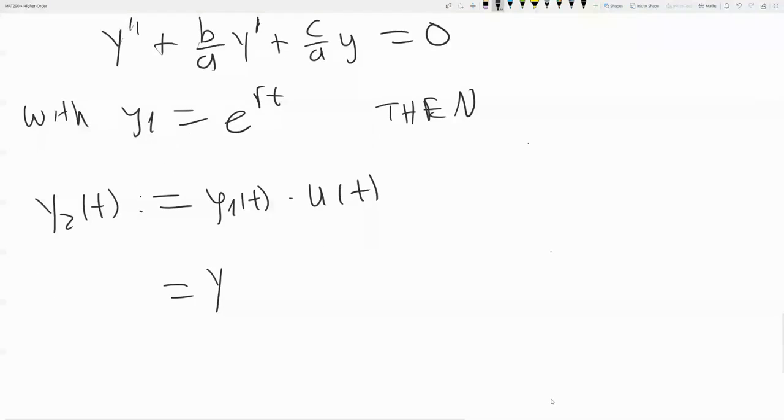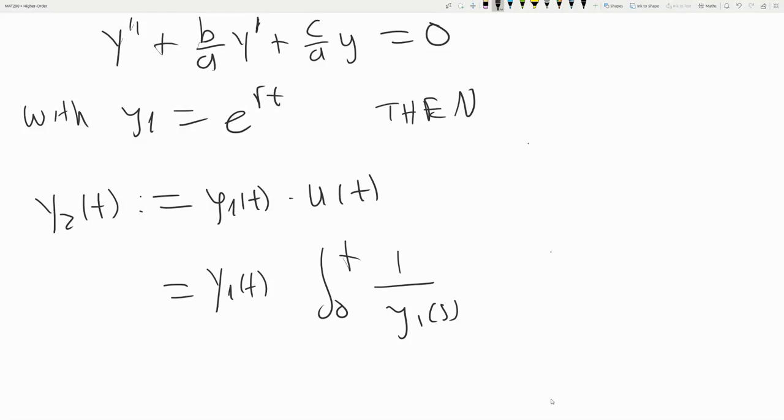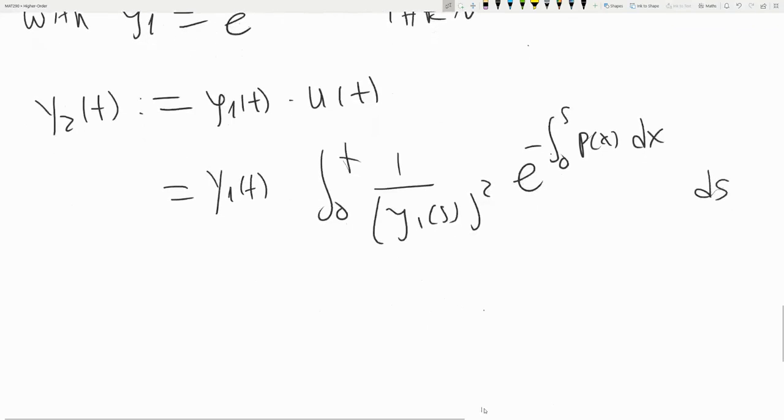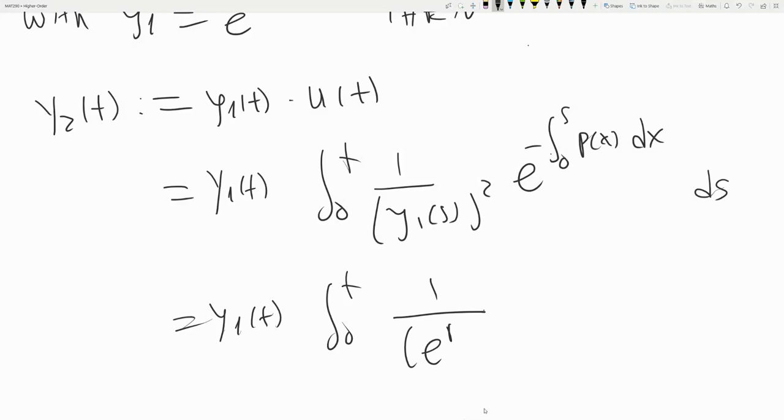So it was an integral of the exponential of the second coefficient, b over a, divided by y_1 squared. Okay, so y_1(t) is e to the rt, and this is e to the minus integral from 0 to s of b over a.